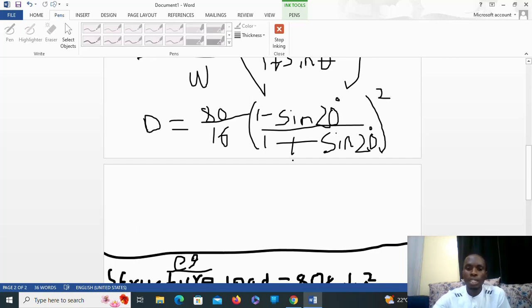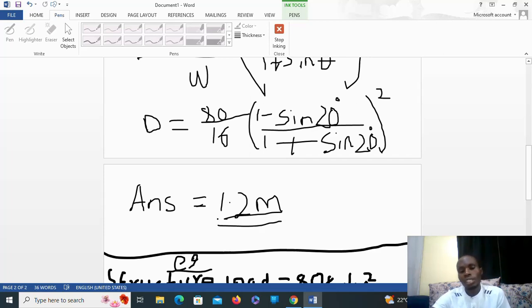If you work this out on your calculator, you'll get your answer as 1.2 meters. So in that case, you'll have to excavate the foundation 1.2 meters deep.